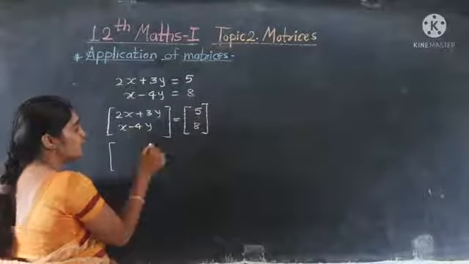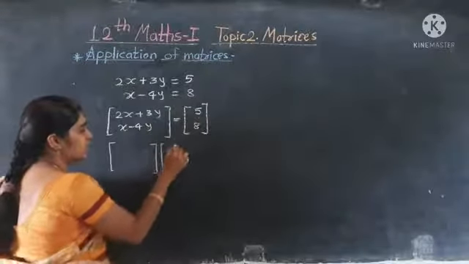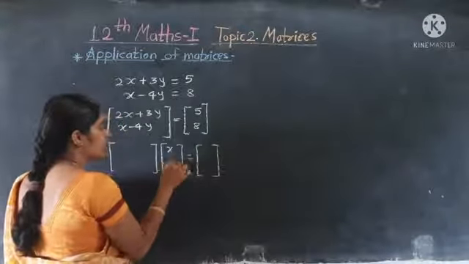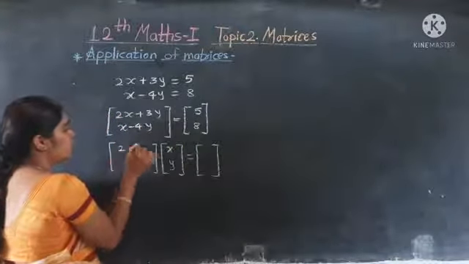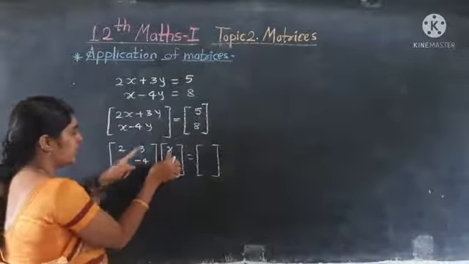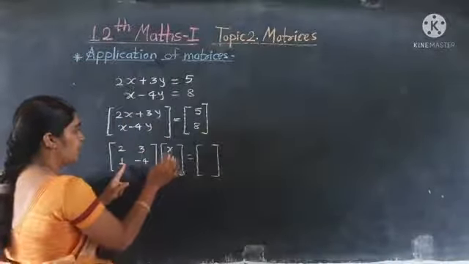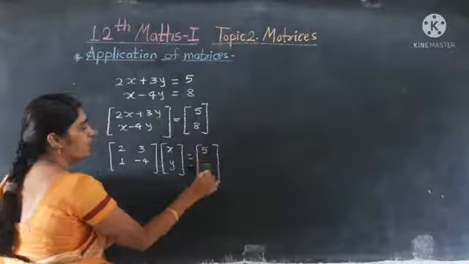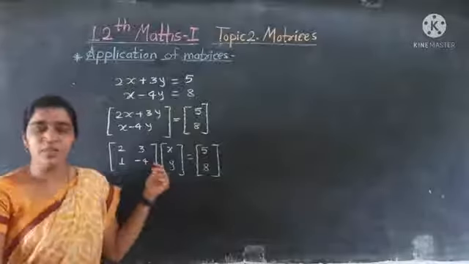Suppose I write it this way: here x, y are the variables and here 2, 3, 1, minus 4 are the coefficients. 2x plus 3y, then x minus 4y is equal to 5 and 8. You can write it in this way.